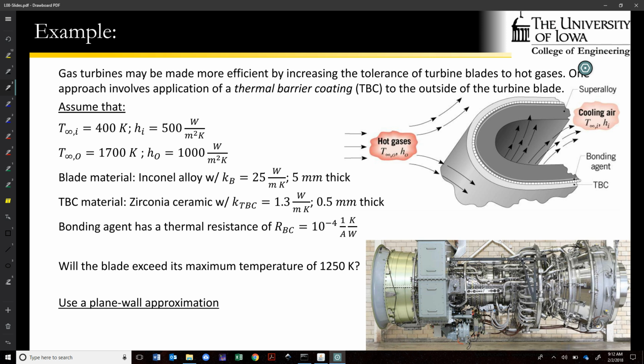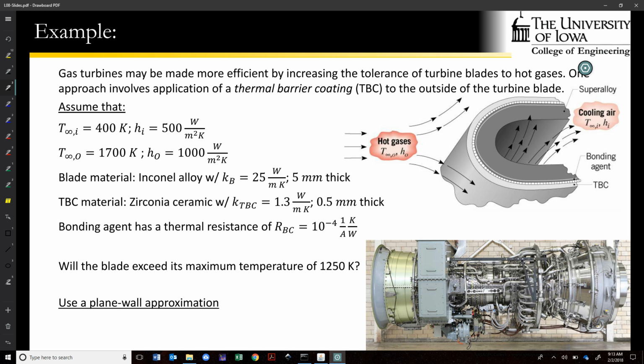One of the issues is that the hot gas coming out of these combustion chambers will reach well above 1,000 degrees Celsius. In this case, we're considering hot air at 1,700 Kelvin, which is 1427 degrees Celsius. That's a little too hot for most of the alloys that we like to make these blades out of.